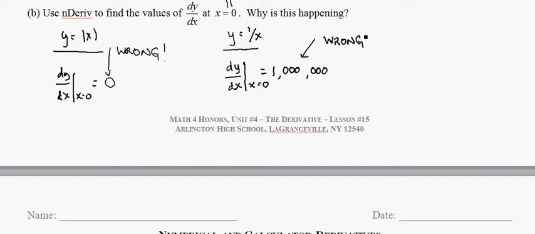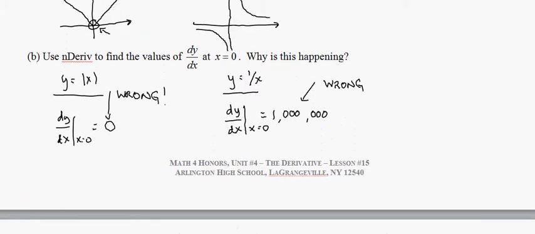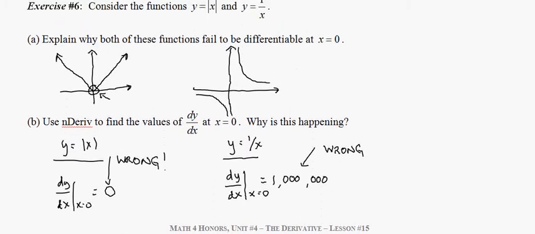The beautiful thing is if you understand derivatives, if you understand how they were developed, if you understand what the calculator technology is doing, both of these answers make all the sense in the world. Remember, what the calculator is doing is it's taking the value of x that you give it, going slightly to the right and slightly to the left, the same amount, symmetrically, and then finding the slope of the secant line.